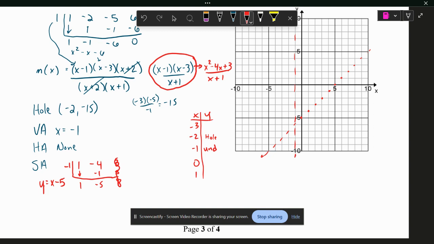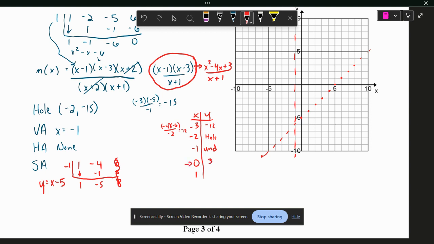If I plug in negative 3, I get negative 4 times negative 6 over negative 2, which will give me negative 12. At 0, I'll end up with 3.